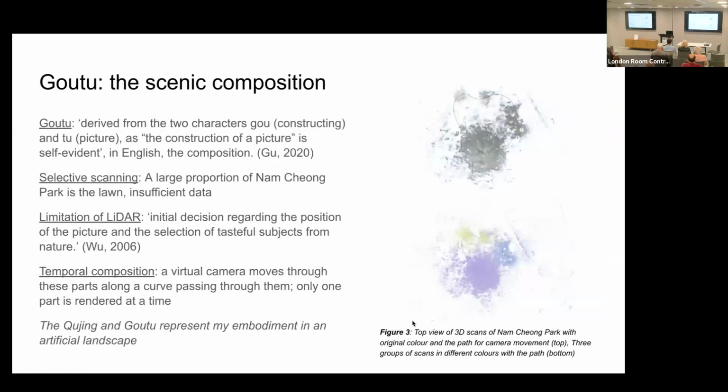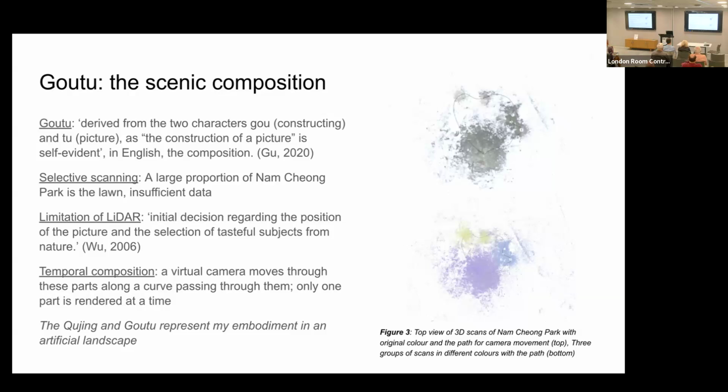And after that, I composed the scenes by incorporating the concept 构图, derived from the two characters, which means constructing a picture. The meaning of it is that the construction of a picture is self-evident, or generally the composition.